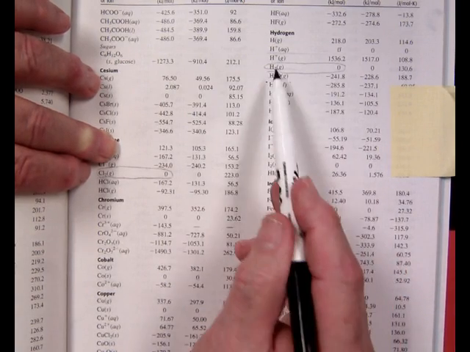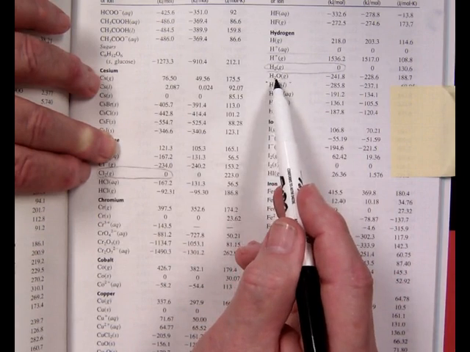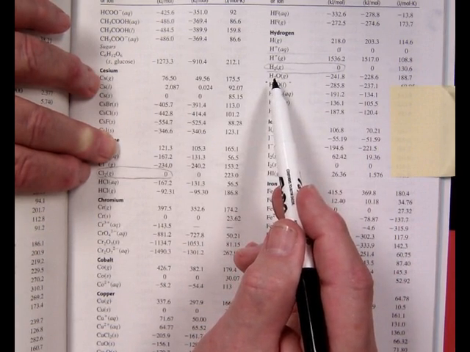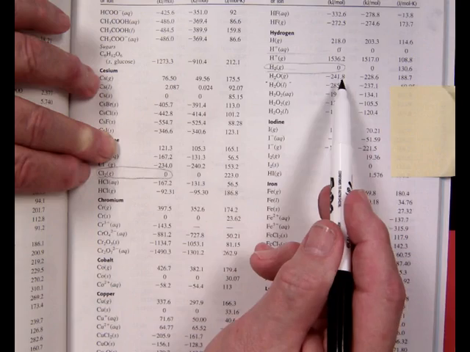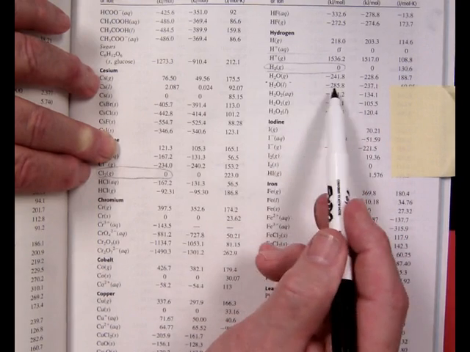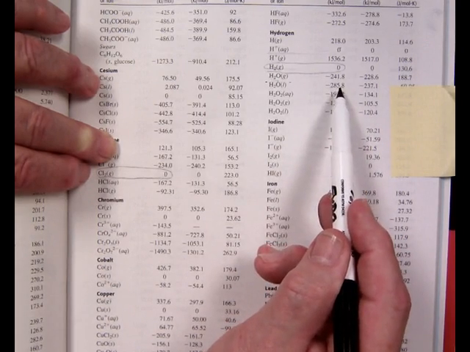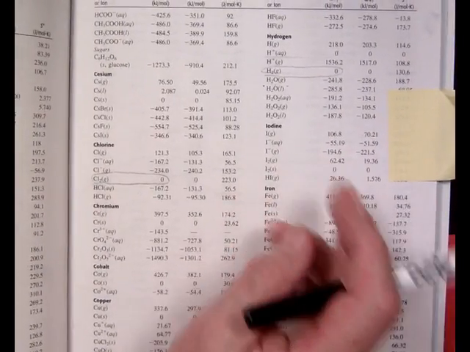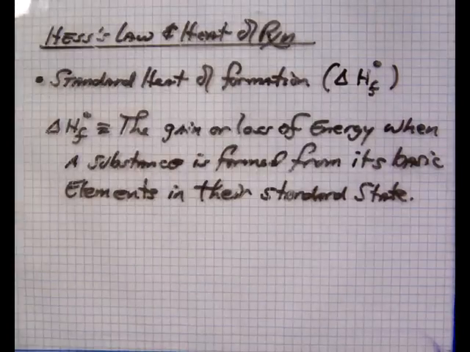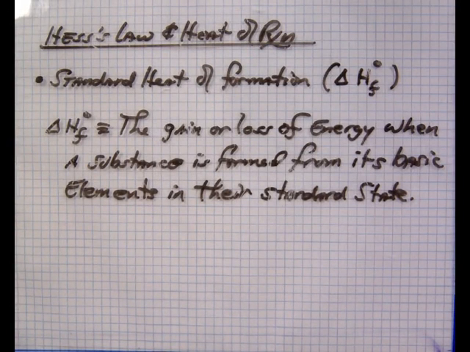A gas phase water, steam, will certainly be at a higher energy level and give off more energy, and therefore it'd have a lower number. And then the liquid, it would be a little bit lower, doesn't give off as much energy. But anyway, it doesn't have ice in here. I'm surprised at that. But anyway, for any substance, it will have a number out there, and that number is based on the formation of that compound from its basic element standard state.